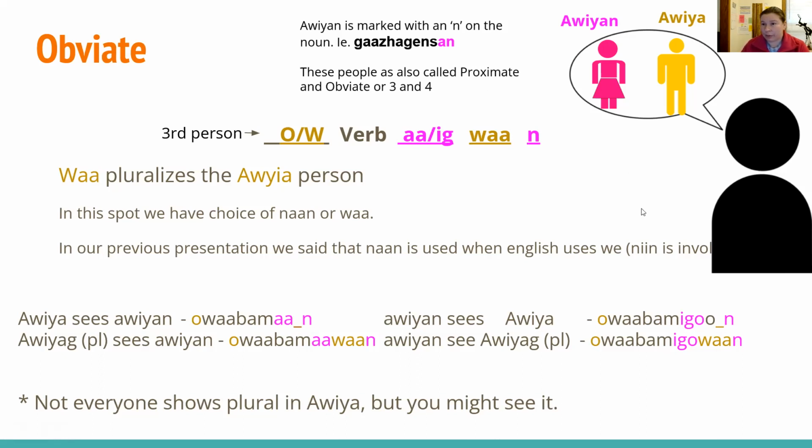And I have heard that some places don't use a plural here. So if in your community you don't pluralize anything in the obviate conjugation, you don't need to worry about this step. And you'll have something else that helps you understand if it's more than one person or not.